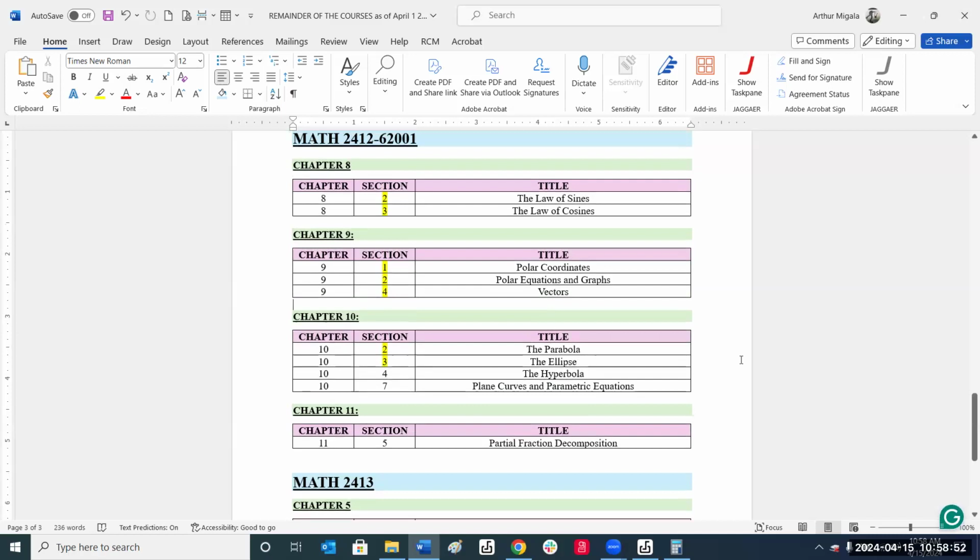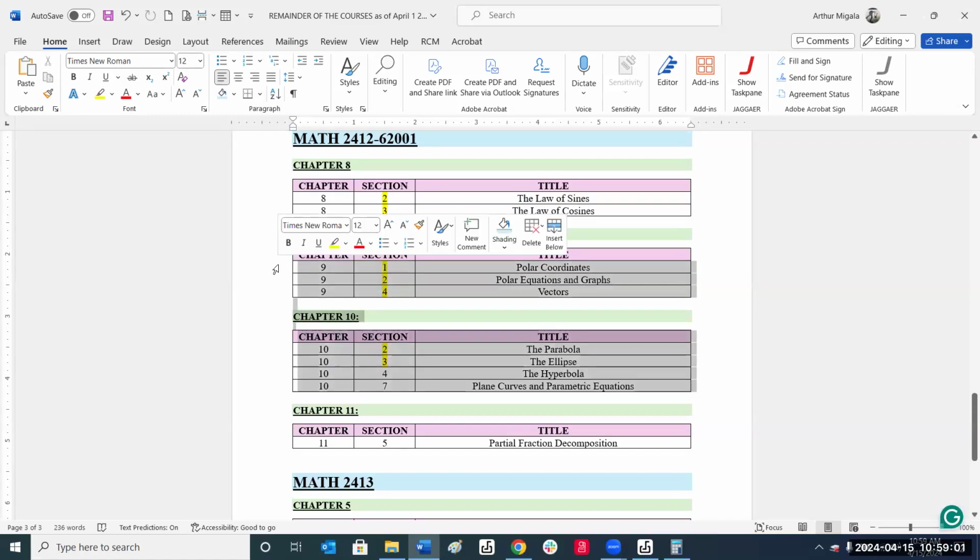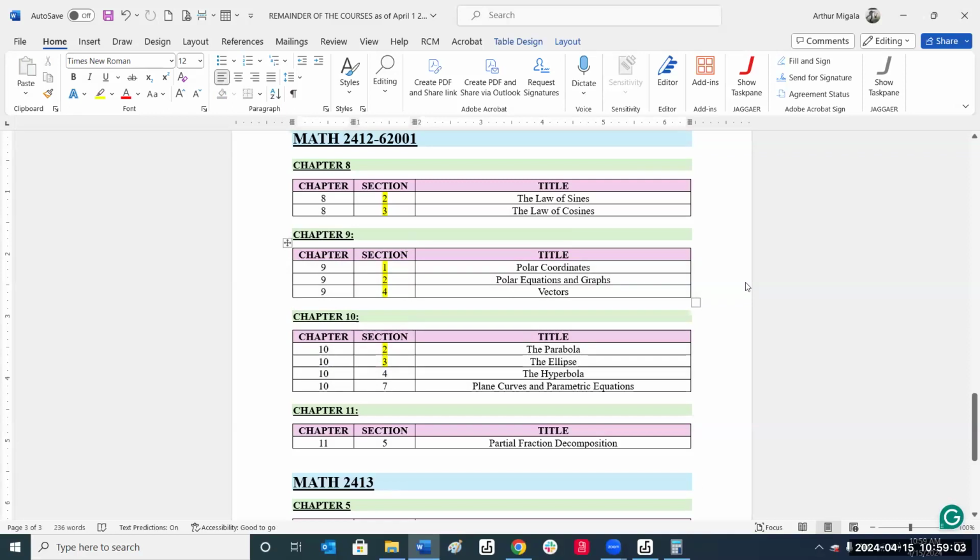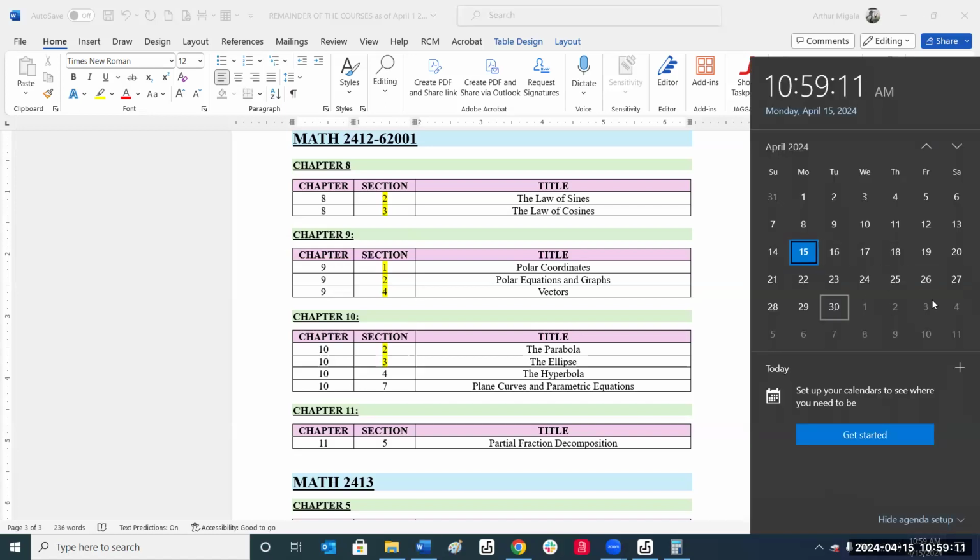So yeah, we're making some pretty good progress. Unfortunately a lot of these are longish type sections. But we still have this week, next week, and the week after. I mean, we have plenty of time.